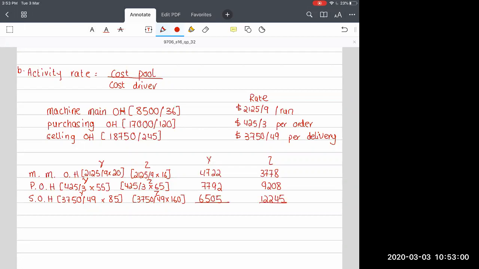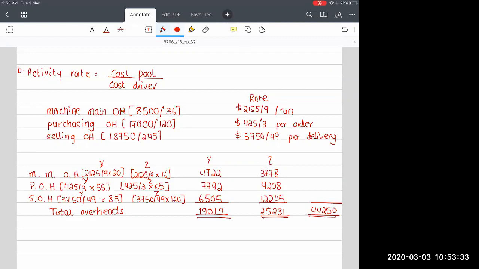So if we add up the total overheads, the total overheads allocated to product Y is 19019, and 25231 for product Z. And दोनों का जो sum है, that is equal to 44,250.